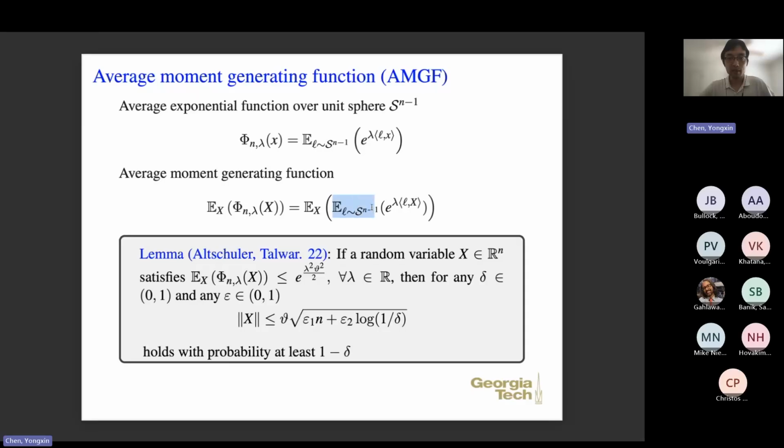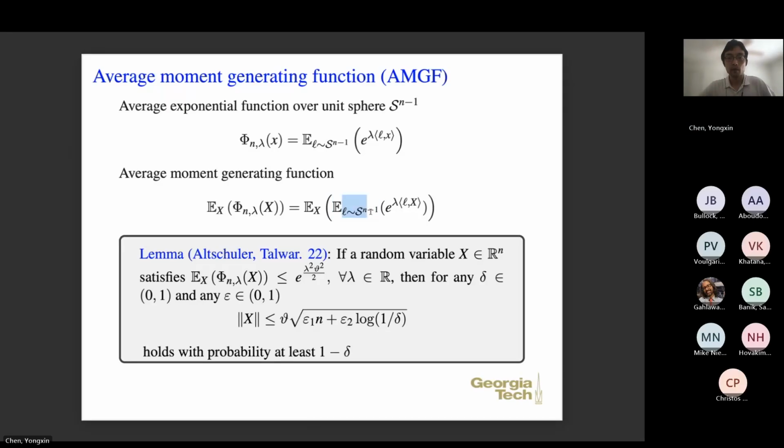If you remove this expectation, then this is exactly the moment generating function, and this thing is the inner product. Basically, the quantity we defined here is the average of the moment generating function over all possible L on the unit sphere. So this is the uniform distribution.